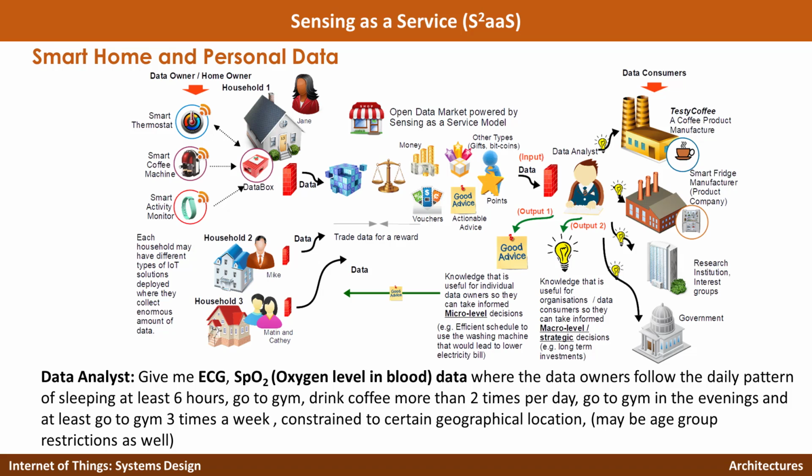The objective of collecting and processing data in a personal smart home domain is either automation, to bring convenience, or to reduce resource consumption, like reducing energy or water consumption. So either convenience or reducing wastage. Those are the two primary reasons.